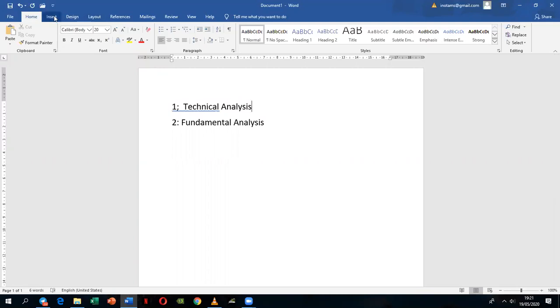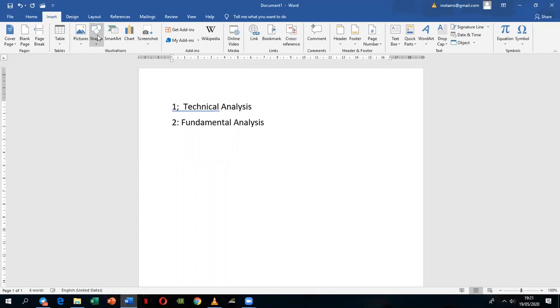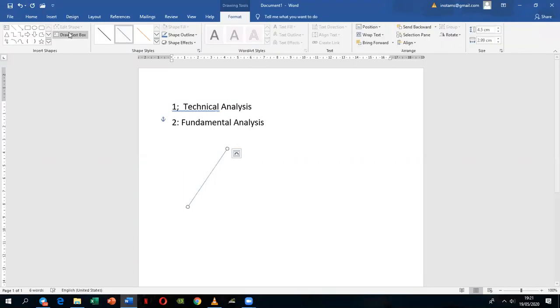Let me try to make a simple drawing. So guys, this is a small example of a double top being formed.